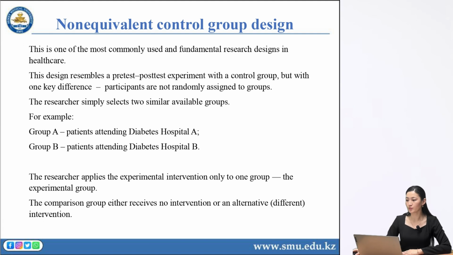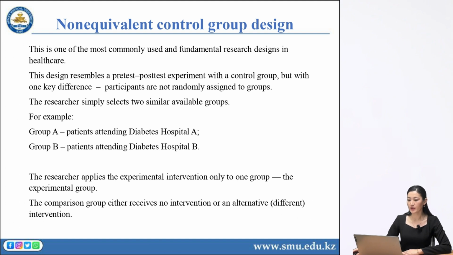Non-equivalent control group design. This is one of the most commonly used and fundamental research designs in healthcare. This design resembles a pre-test post-test experiment with a control group, but with one key difference: participants are not randomly assigned to groups. The researcher simply selects two similar available groups.